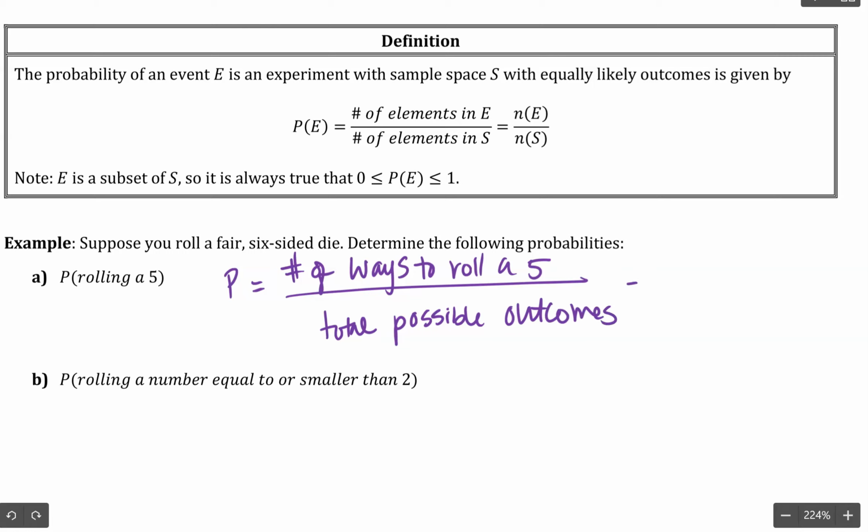So how many ways are there to roll a 5 when you roll a fair six-sided die? 1. And how many possible outcomes are there when you roll a fair six-sided die? 6. So the probability is 1 out of 6.